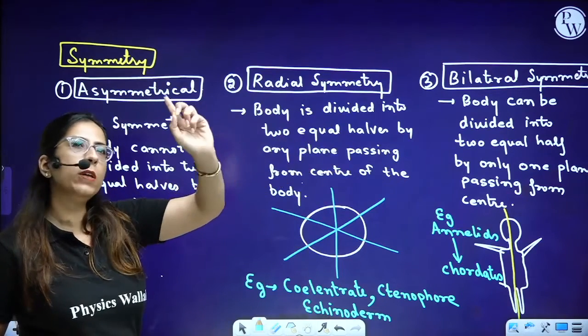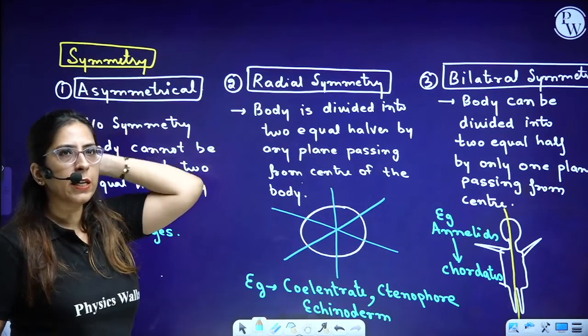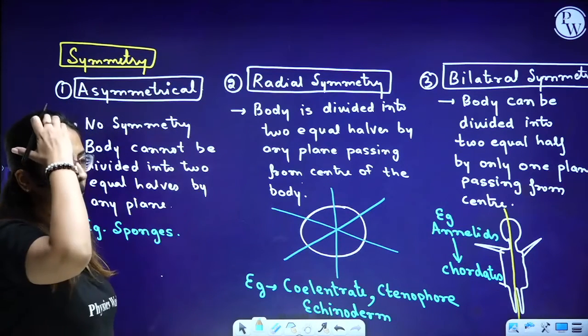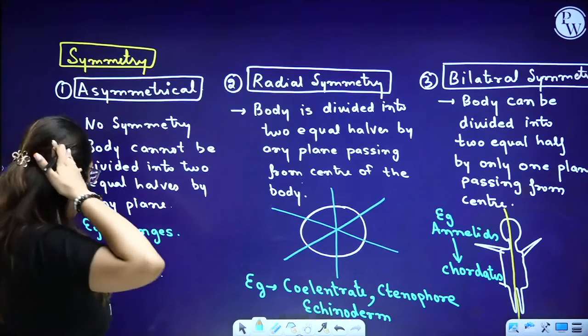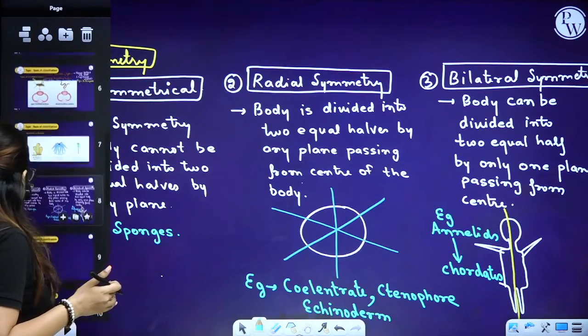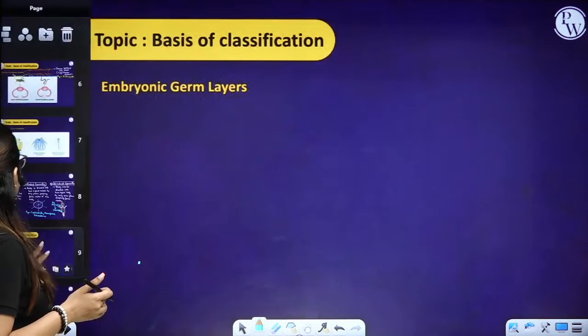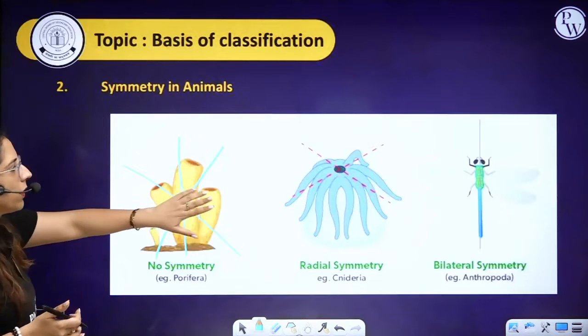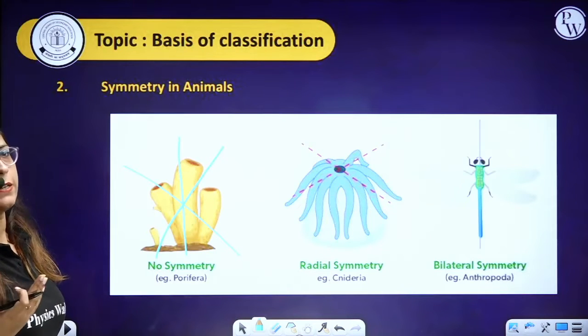Bilateral symmetry, only single plane. Annelids, arthropods, whatever you want to say, you can take that. Clear? See, whatever is left will be coming in the bilateral symmetrical. Now, let's talk about further. Yes. So, see, you can see the arthropods, bilateral symmetrical.